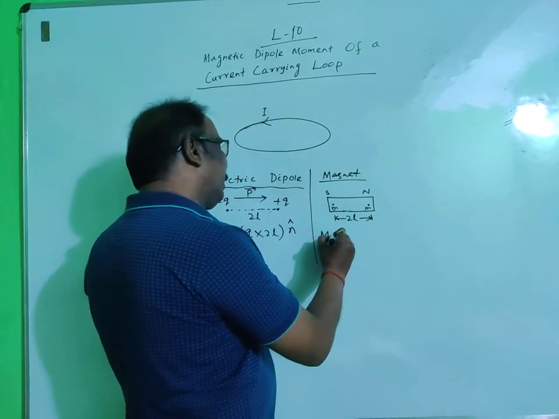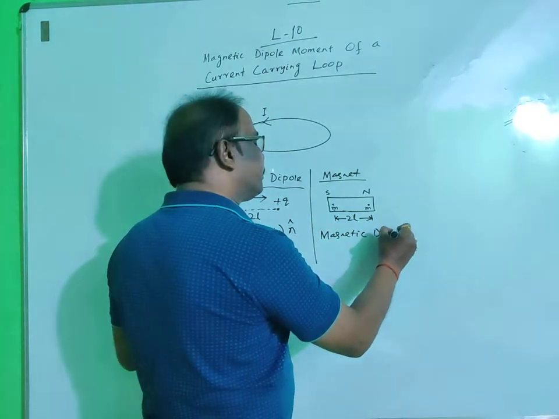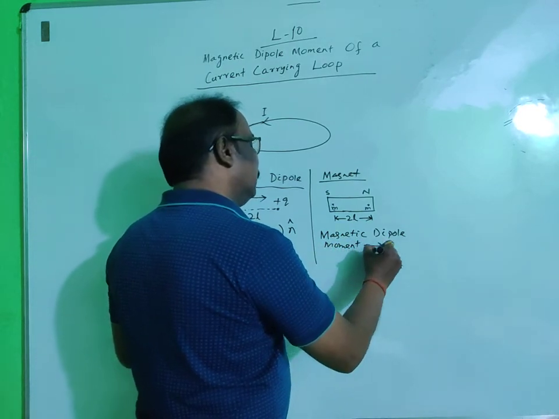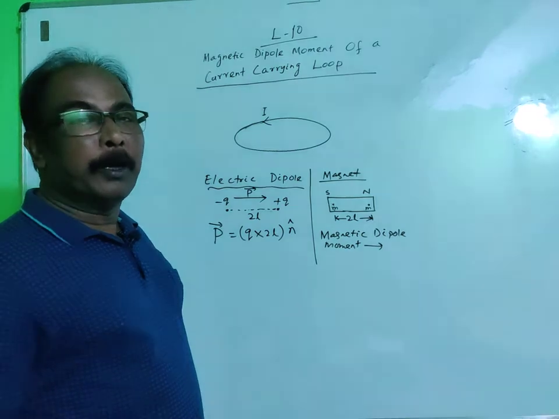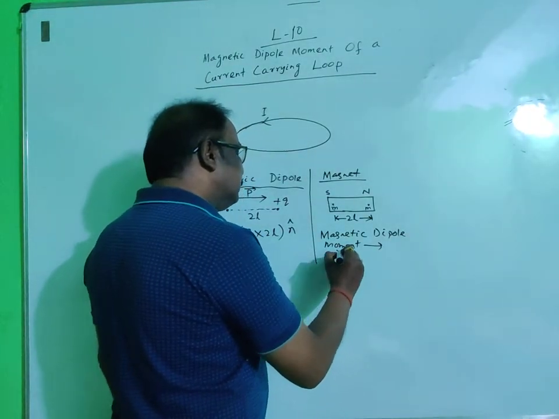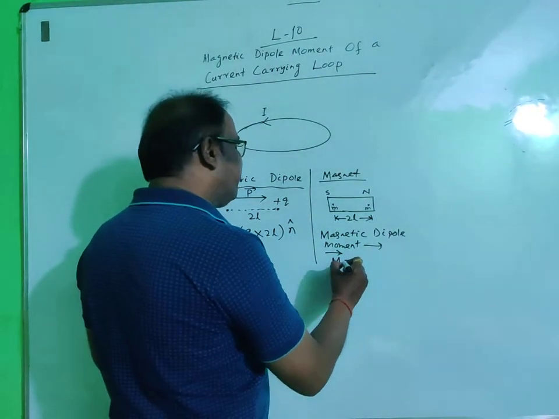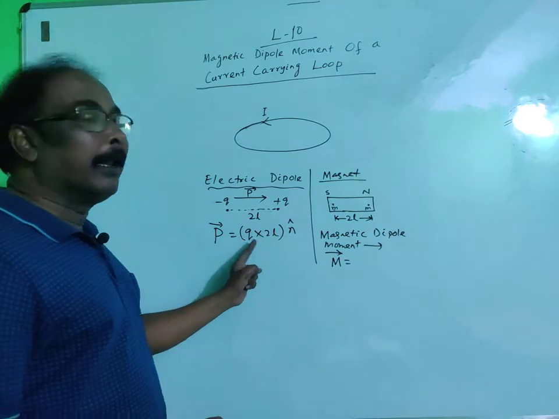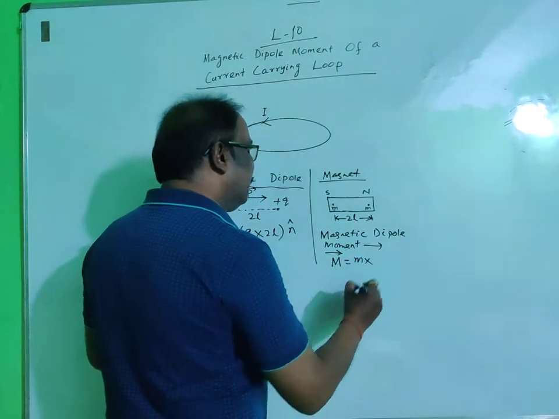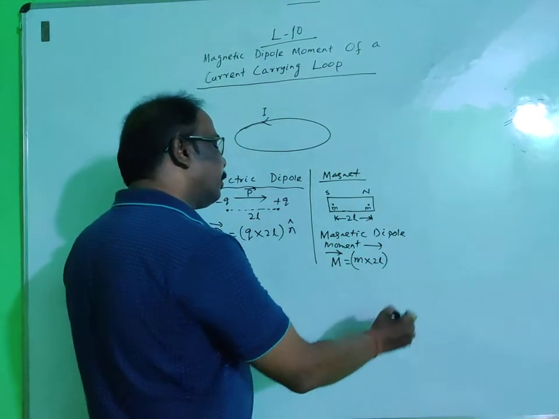Then we take the magnetic dipole moment of a given small magnet, capital M. It's also a vector quantity, and its magnitude is similar to that of electric dipole moment, the product of any one of the pole strengths and the distance between north pole and south pole.